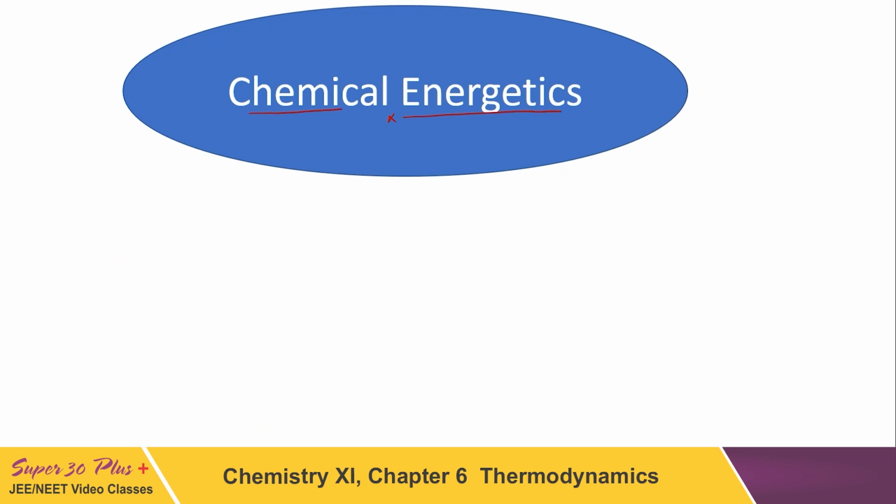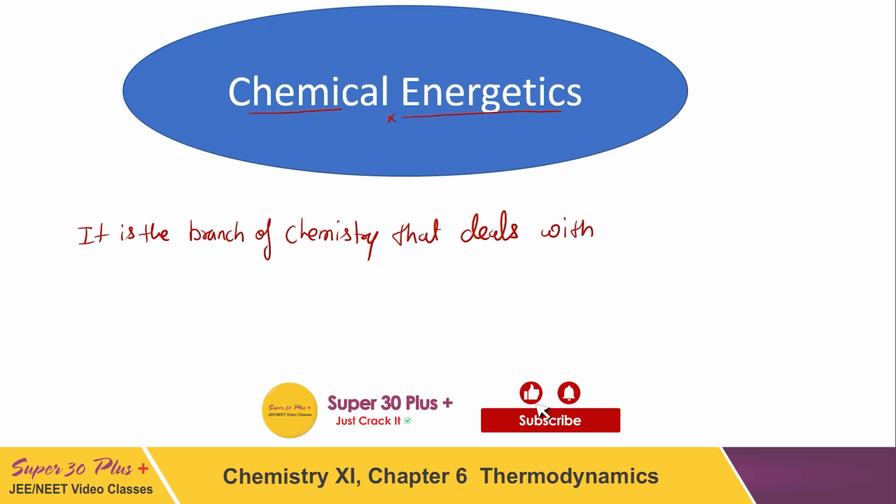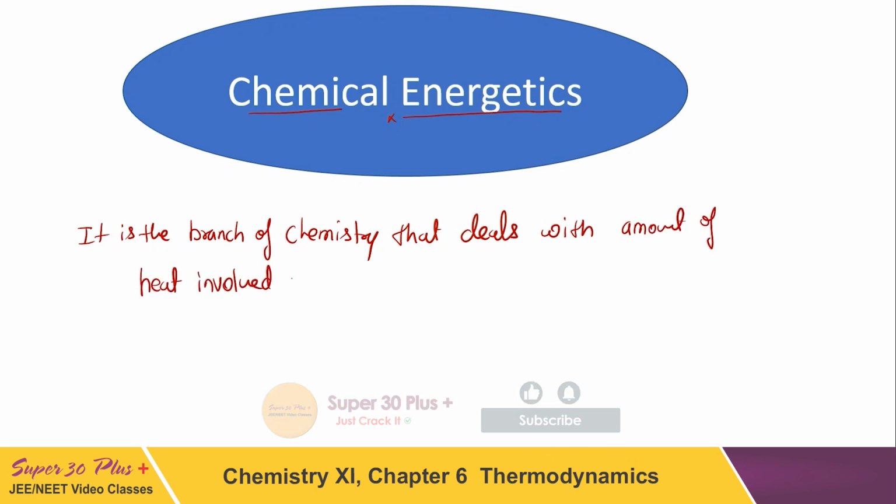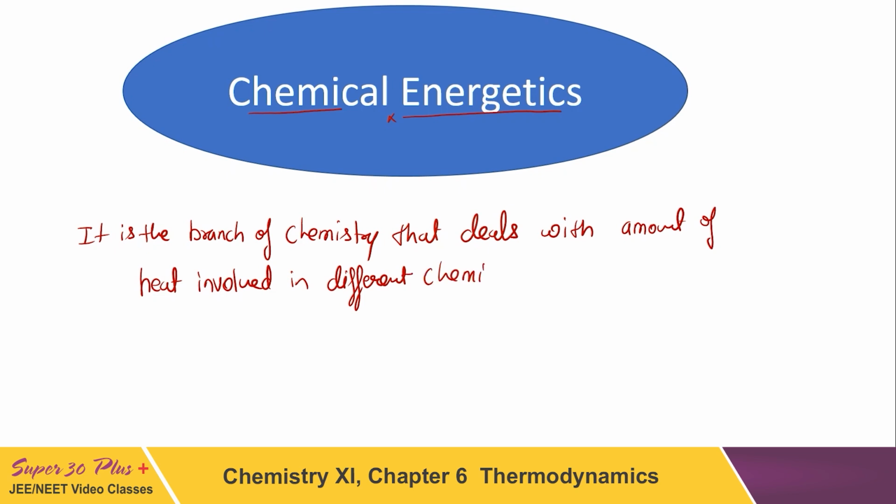So what is chemical energetics? It is the branch of chemistry that deals with the amount of heat involved in different chemical reactions. Around us, different chemical reactions take place every day.